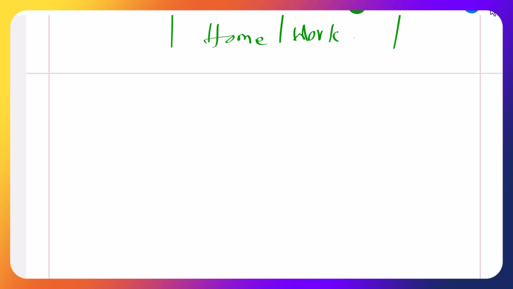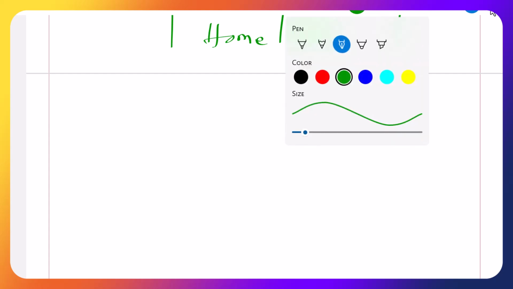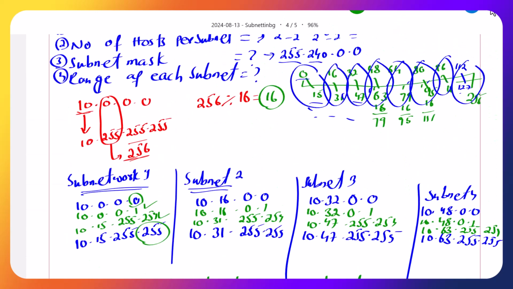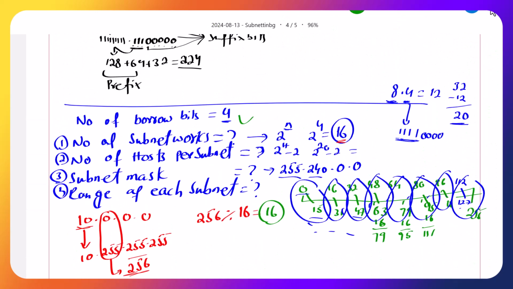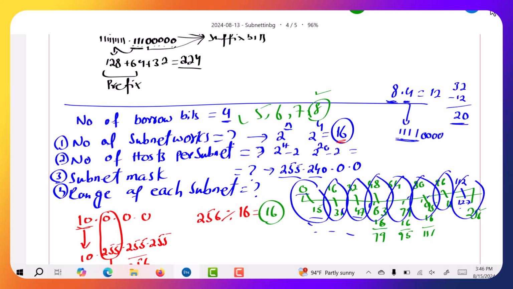Now let's borrow one more bit. Okay, the same, if you are going to borrow for example 5 bits or 6 bits or 7 bits or 8 bits, the process is the same. Let me practice for you guys. I will borrow 8 bits, and then we will start the next lecture.